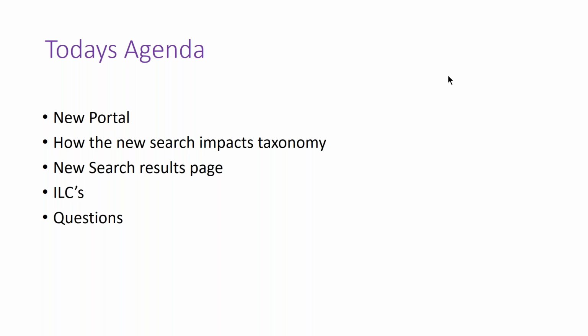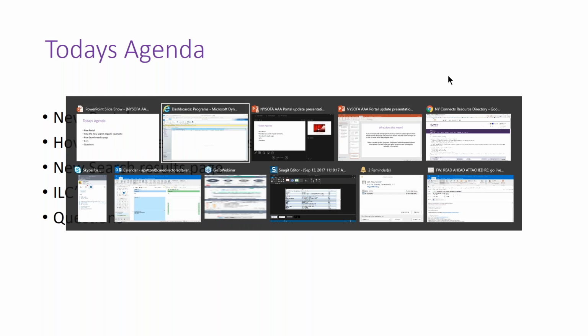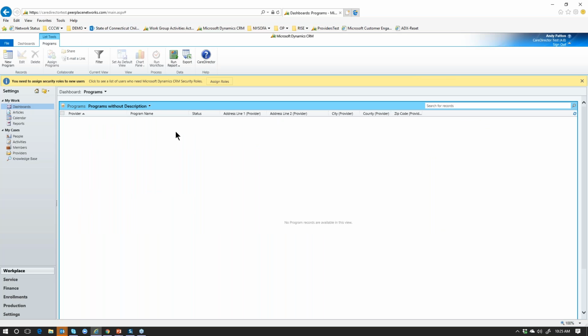All right, the question is, can a report be built that shows us programs that do not have phone numbers? Yes, I can totally do that. The way phone numbers work in the system is kind of smart.